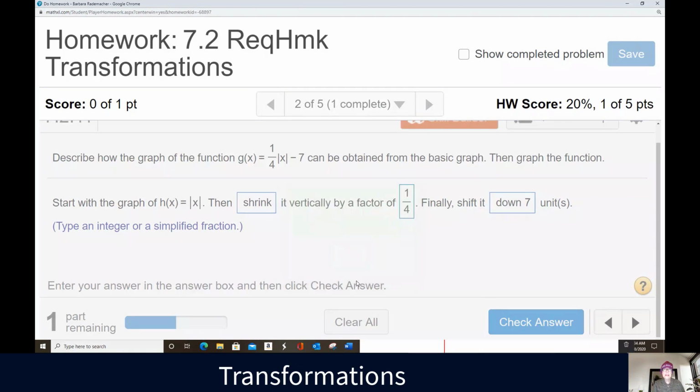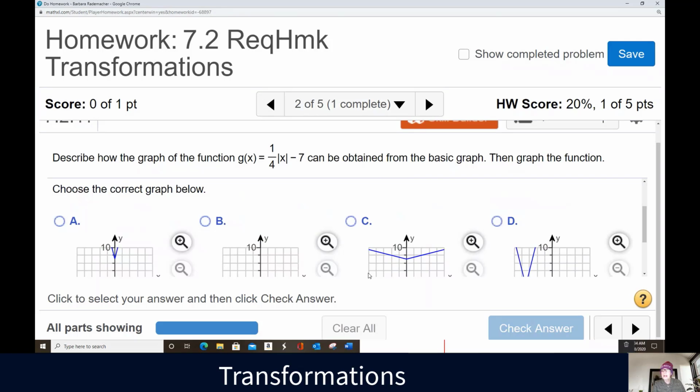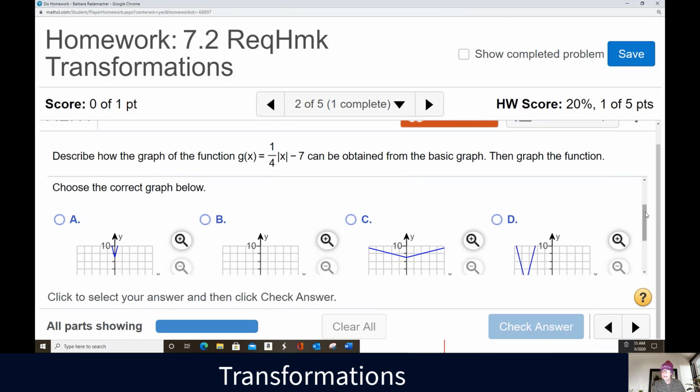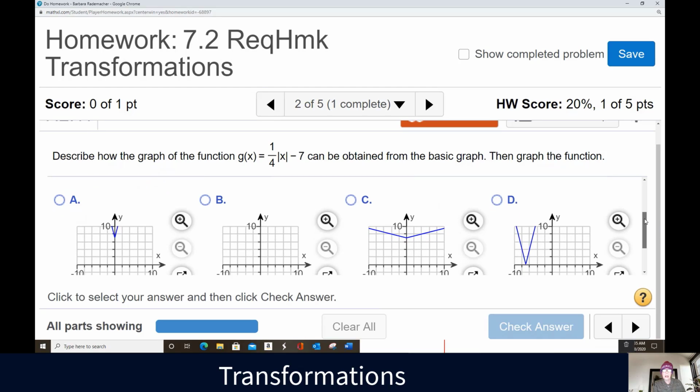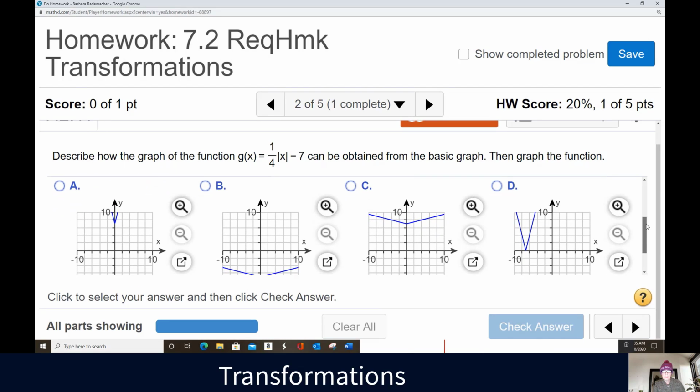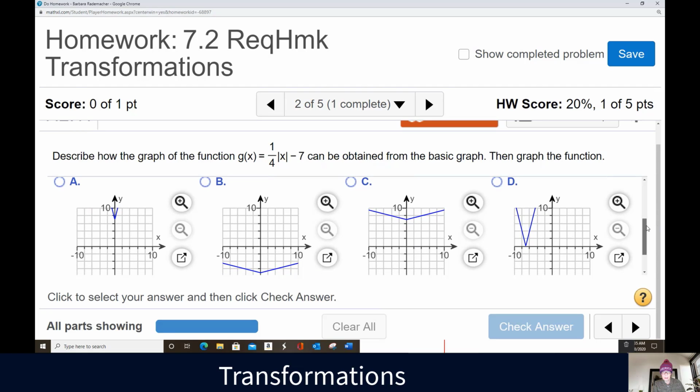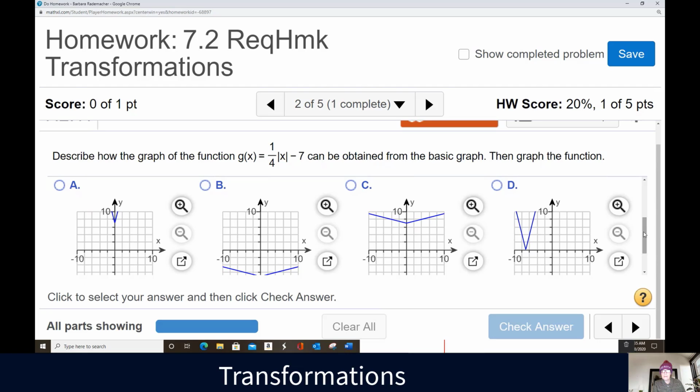So see, you have to put these different movements together. Now we have to pick a graph, and you can always graph these in your graphing calculator, but you don't really have to. You're going to have the graph of the absolute value of X with the arms lower, so it's going to be a V, but the arms are going to be lower.